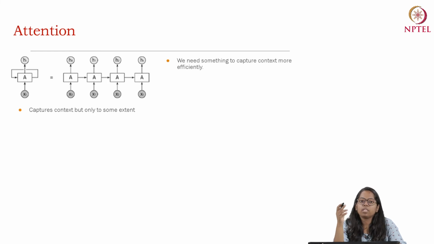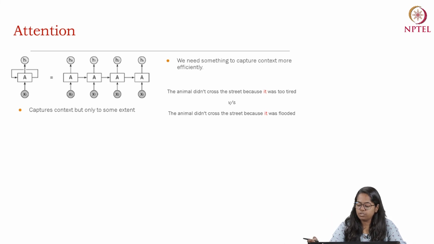But it might happen that some part of the context is more important than some other part. For instance, if we look at these two statements: the first is the animal didn't cross the road because it was too tired, versus the other, the animal didn't cross the street because it was flooded. So we see that in the first statement, since the last two words are too tired, we know that this particular word it refers to the animal, since the animal can be tired, not the road.